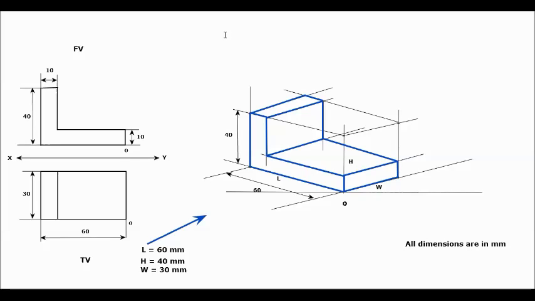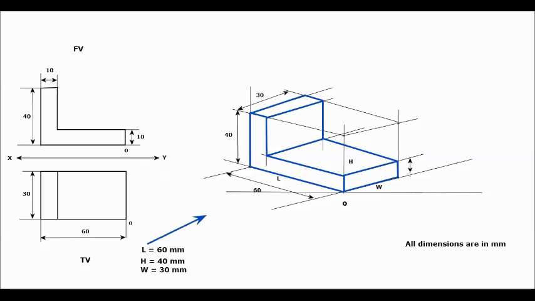Similarly you can mark the width of the object. The dimension line should be parallel to the isometric lines. So the width of the object is 30 mm. Then for this 10 mm height, I will give that height right here.